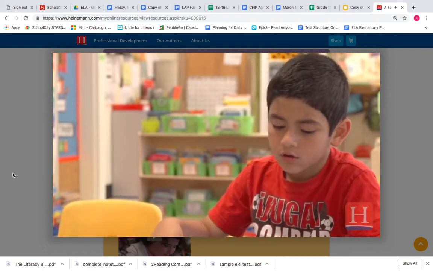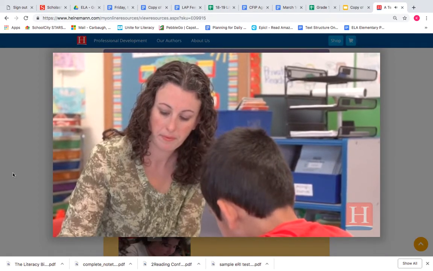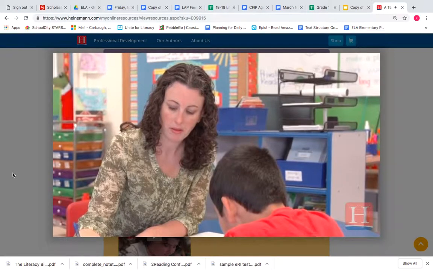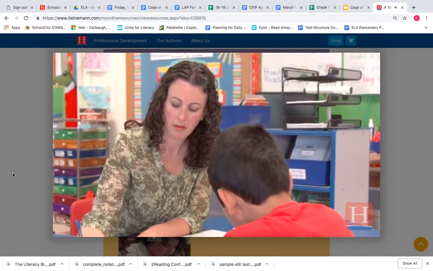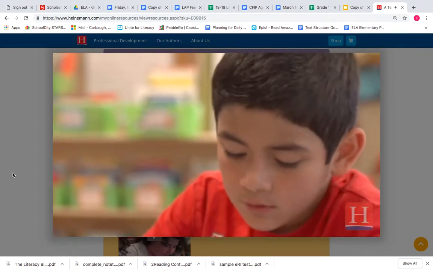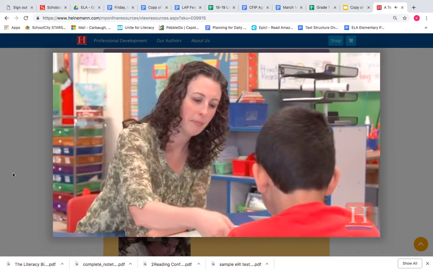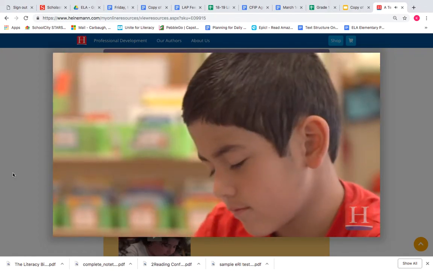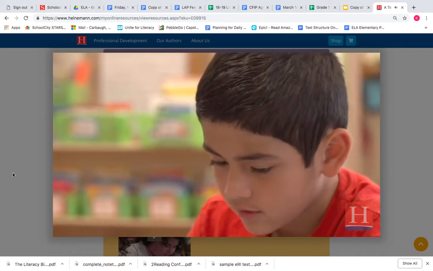Okay, let's read the definition in the glossary. Okay. Animals that have backbones. Okay, so let's go back here. Can you really explain what that word means based on looking at the picture, reading the text, and looking in the glossary? Kind of. Okay, give it a try.